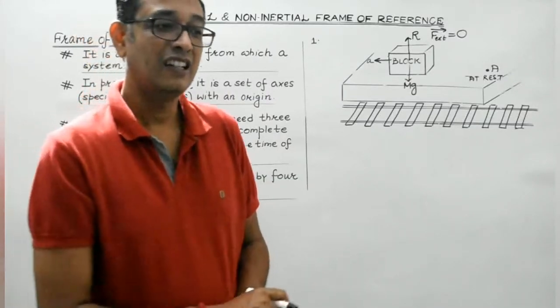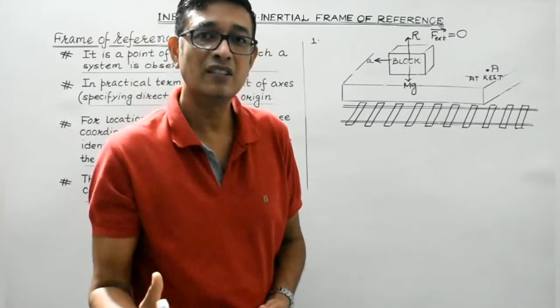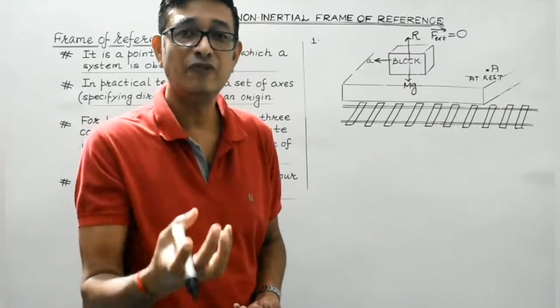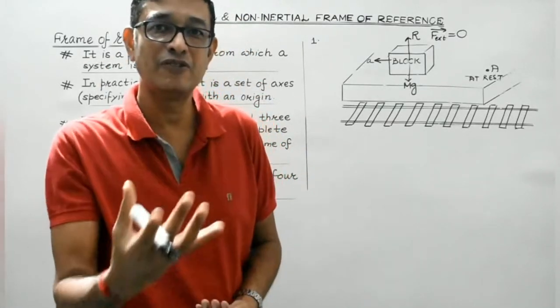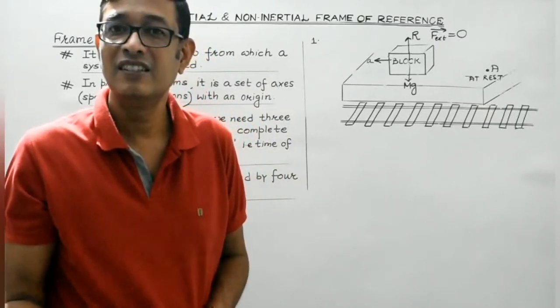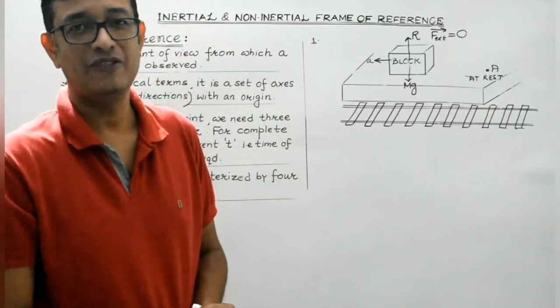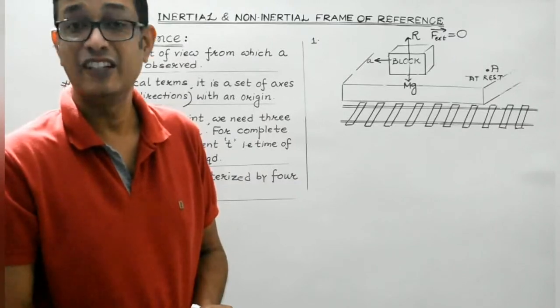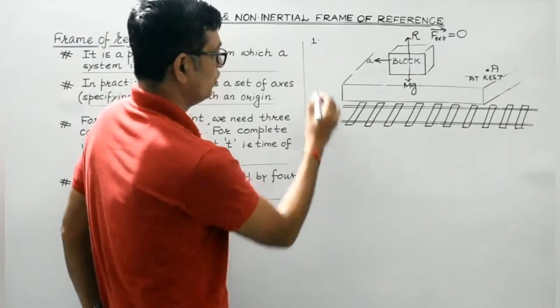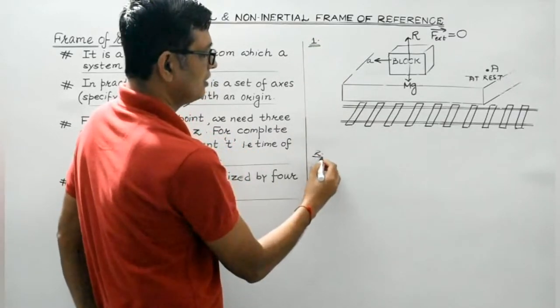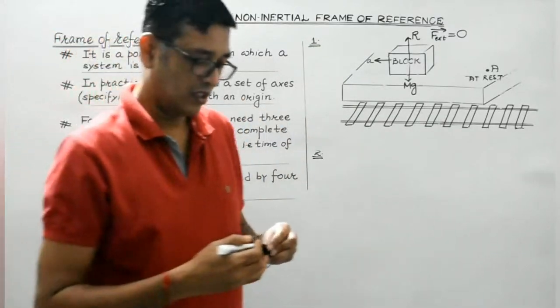That is, in an accelerating frame of reference, some pseudo force, some fictitious force comes into play. So that frame of reference is known as a non-inertial frame of reference. Clear, students? We will consider some other examples as well.